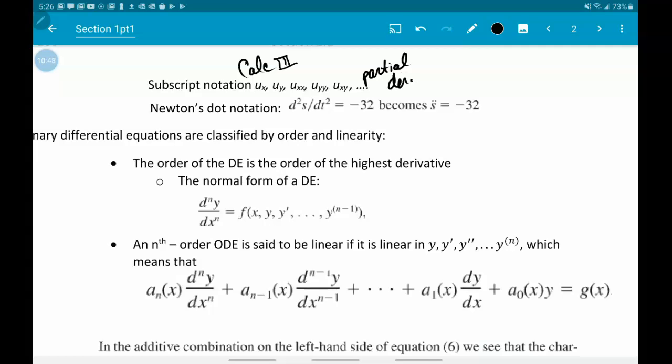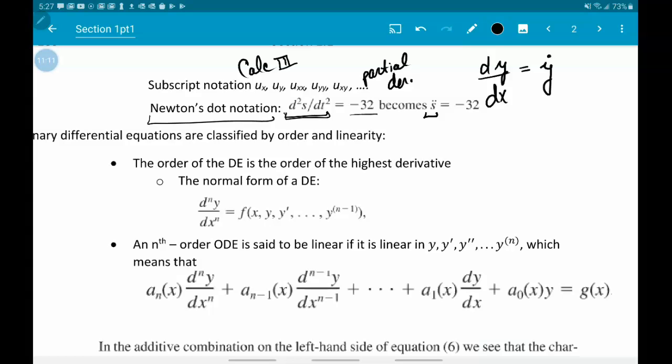And then that last notation is Newton's dot notation. So if we were to take a second derivative, notice that second derivative becomes s with two dots over it. So if we had a first derivative, let's say we had dy over dx, Newton's notation would call that y with a single dot over it.